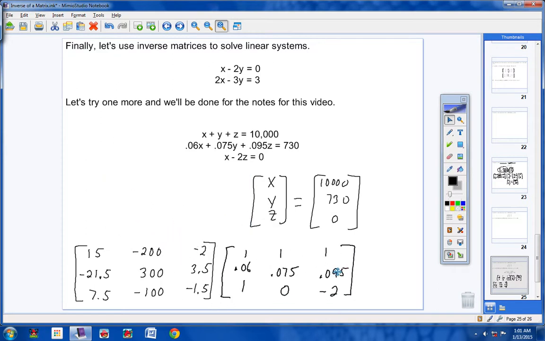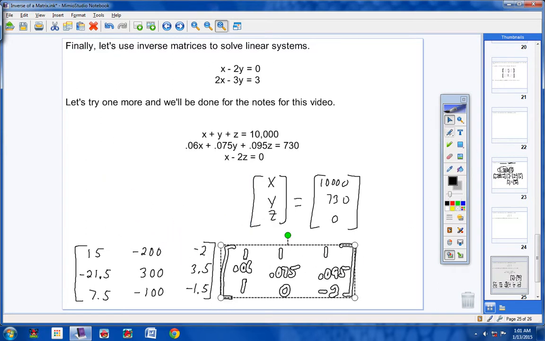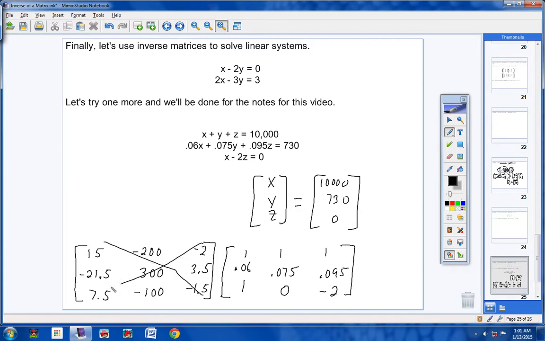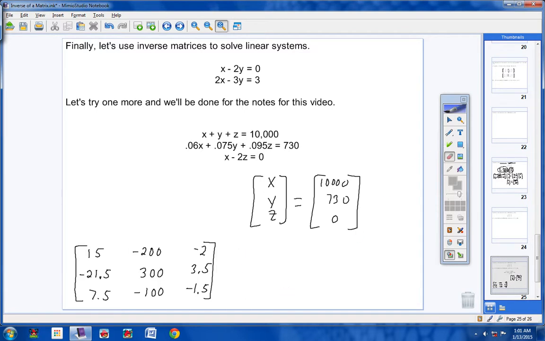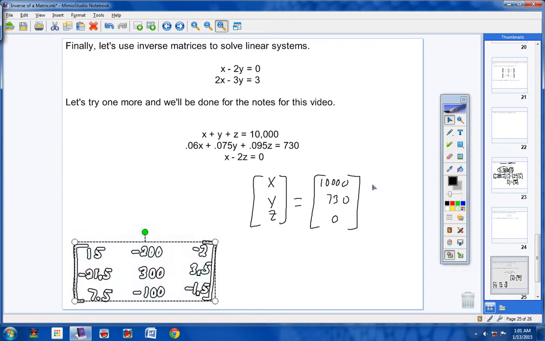And when I do that, like I showed you, these two matrices cancel out, so they're gone. But I must also take this matrix here and multiply it by the right side.